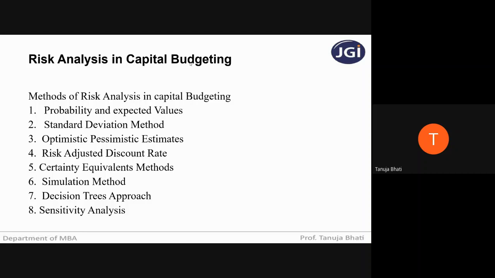Next is risk adjusted discount rate, also called RADR. It is based on a simple concept, students, that investors will demand higher returns from riskier projects. You have always seen that the riskier the project is, the higher the returns it carries.